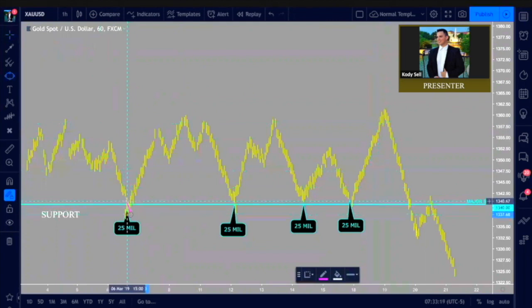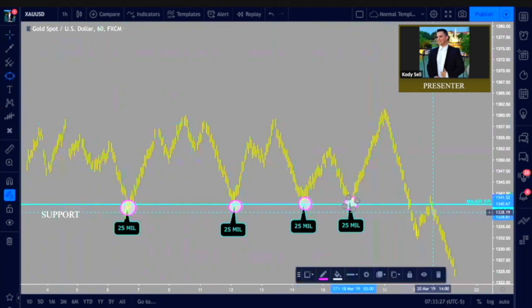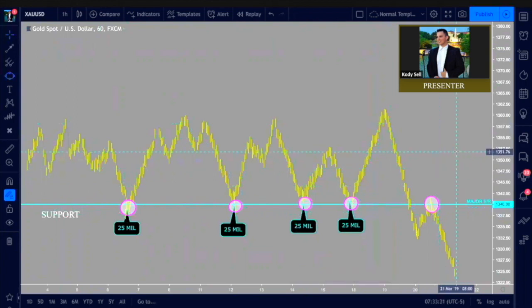Price comes down, it's found support here, here, here, and here, and it's retested as resistance here. So it makes sense based on our understanding of support and resistance. However, now you understand why this support level in the market is actually forming.